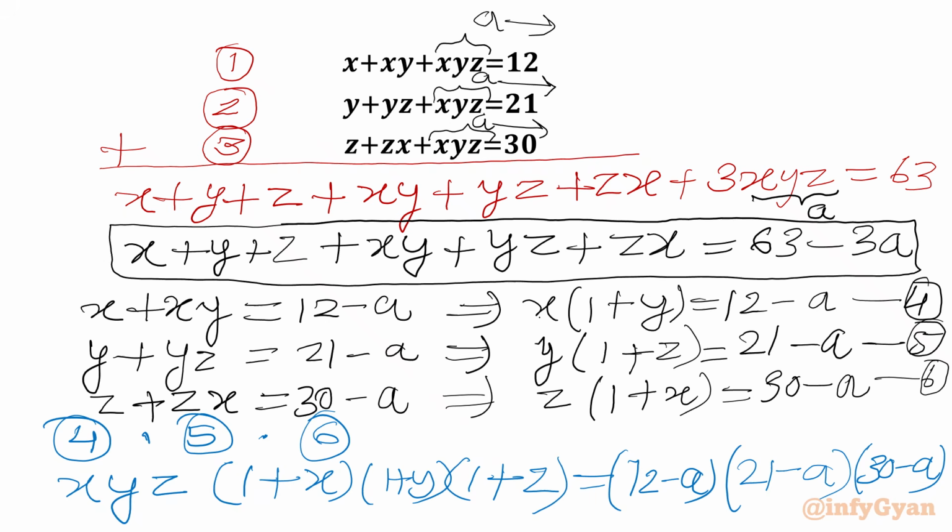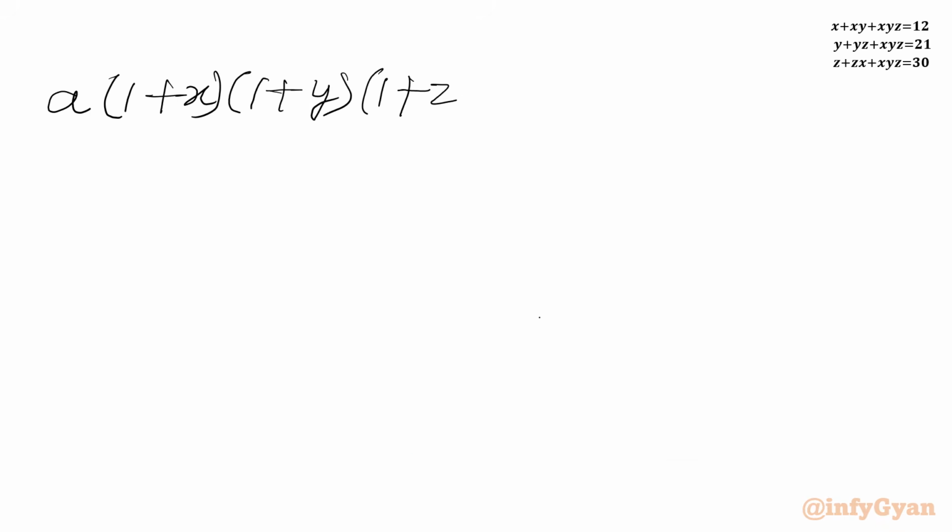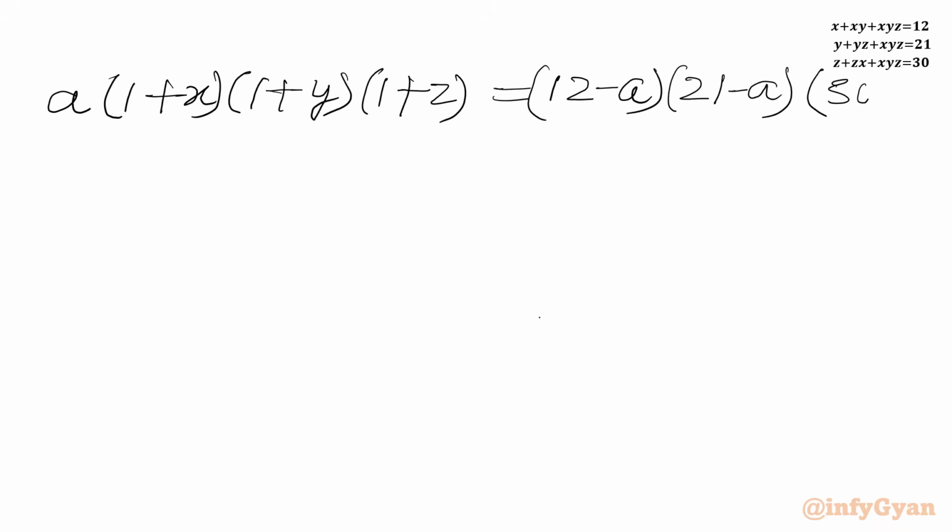Now xyz is a, so we will write a times 1 plus x times 1 plus y times 1 plus z equal to 12 minus a times 21 minus a times 30 minus a.